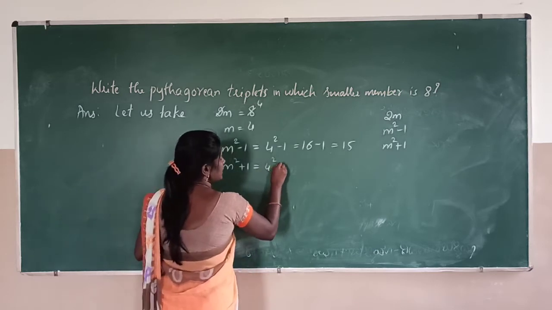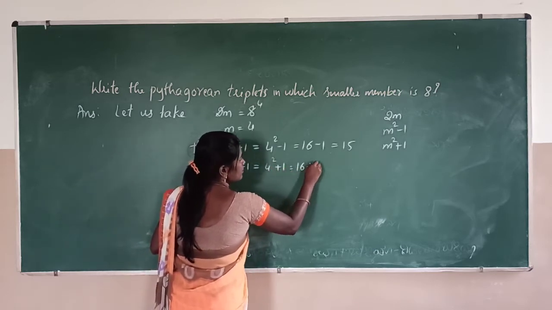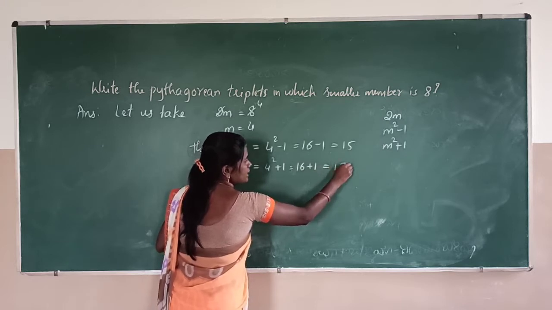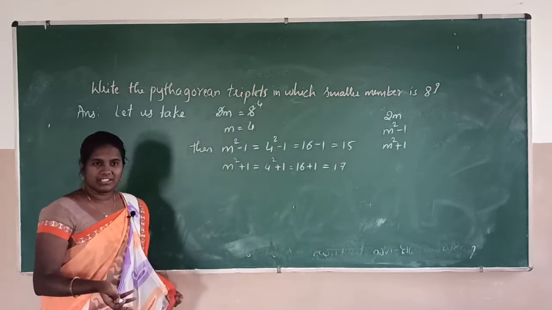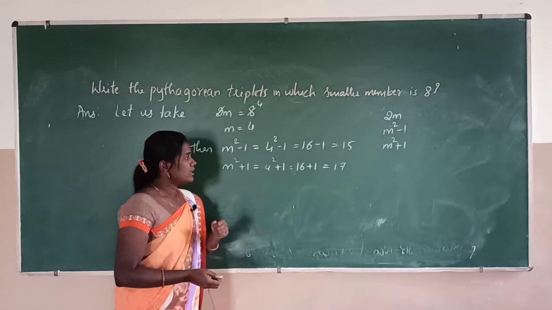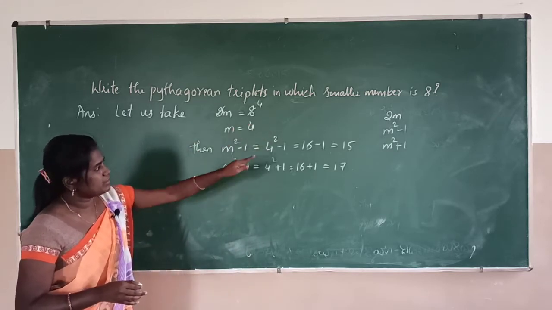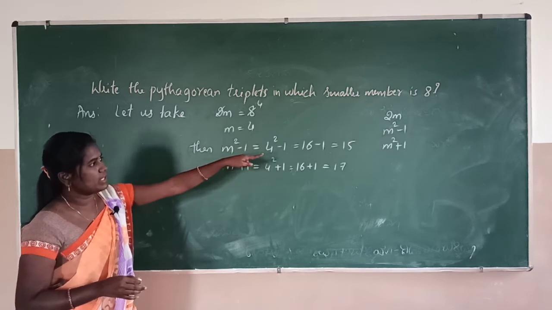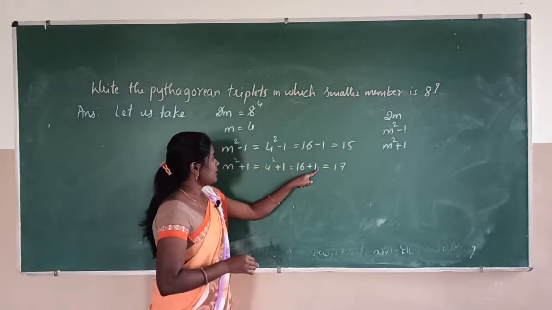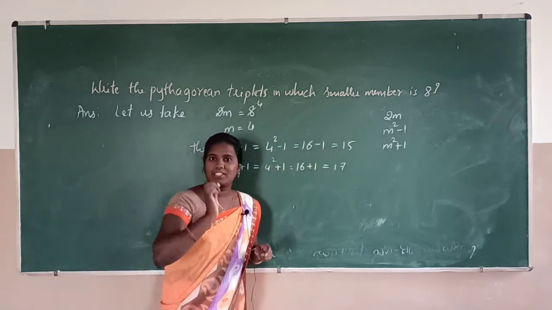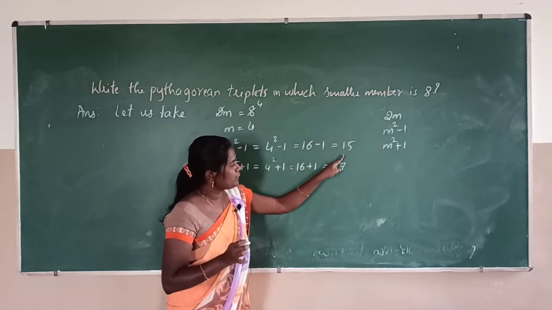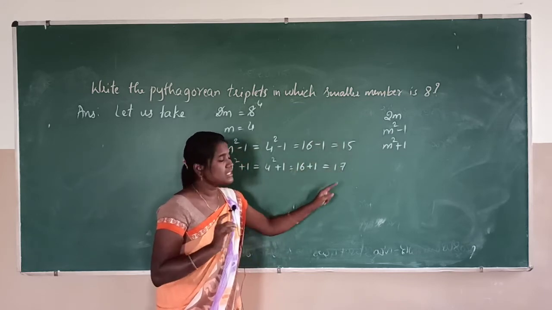It is 4 square plus 1, 16 plus 1. Therefore, it is 17. Then what did we get here? We got 2m as 8, m square minus 1 as 15 and m square plus 1 as 17. 8, 15 and 17.